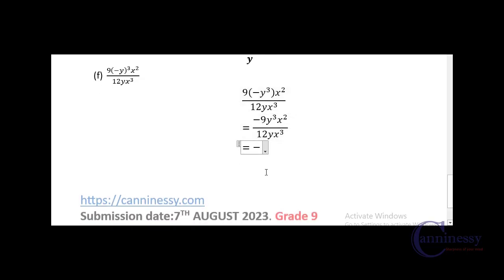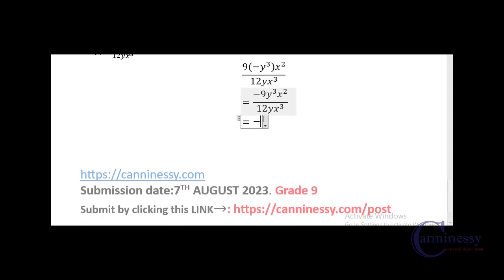Then remember, we have these numerical values, we have 9 and 12, so 9 divided by 12. So here you need to ask yourself the highest common factor of 9 and 12, which number goes to 9 and also goes to 12 and is the highest. So 3 goes to 9 and 3 goes to 12, right?